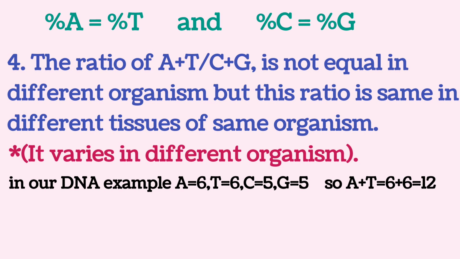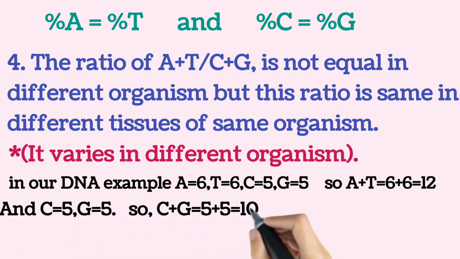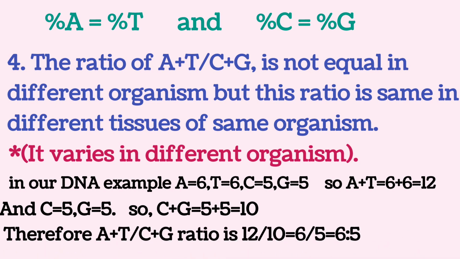So take an example of our previous DNA. Adenine is 6, thymine is 6, cytosine is 5, guanine is 5. So A plus T is 6 plus 6, which is 12, and C plus G is 5 plus 5, which is 10.